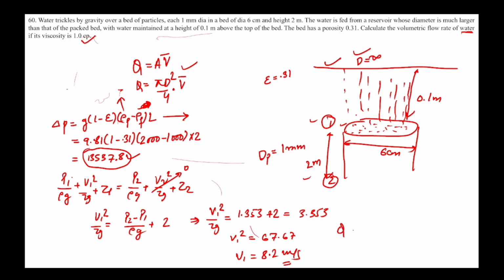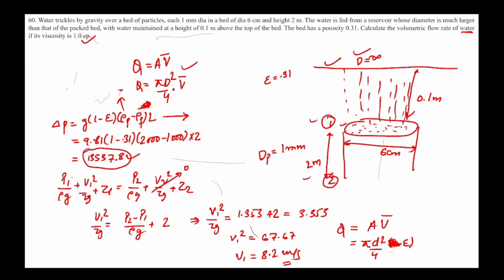Okay, so Q is equal to area into velocity. So area will be pi d square by 4 into (1 minus E), because E is the porosity of the bed, and the remaining is the particle.